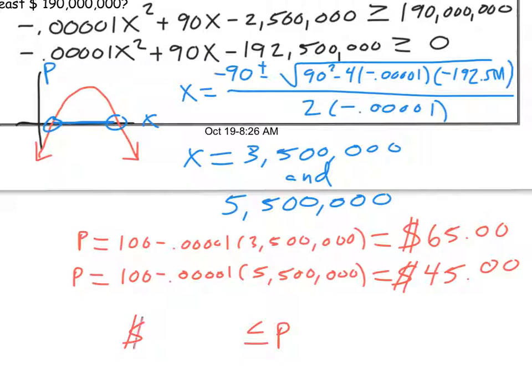What prices should they ask for? This is what this marketing team was asked to do, to come up with an interval. And they've got it narrowed down that to hit those profit margins of 190 million, they should think about asking somewhere between $45 and $65. With the information that we had, that's as far as we could go with the price. Okay, we'd need more information to get it narrowed down beyond that.